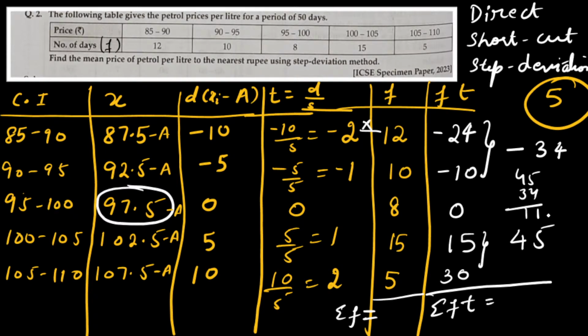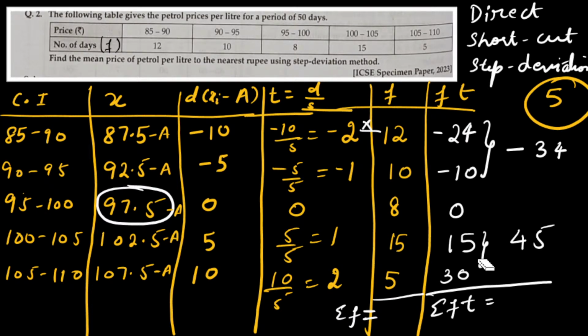Summation of ft is 9 minus 14. How come I am getting 11 and you people are getting 9? Anywhere, any mistake if I have done, just let me know.